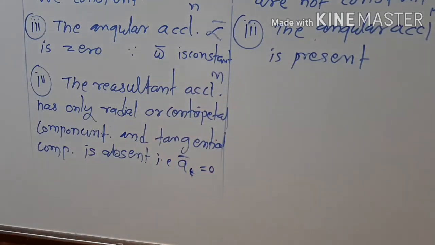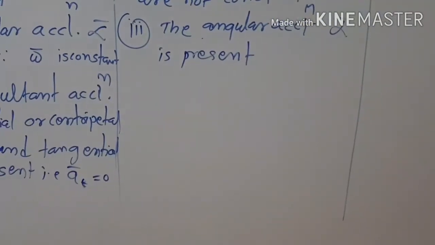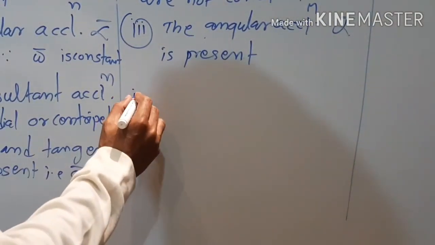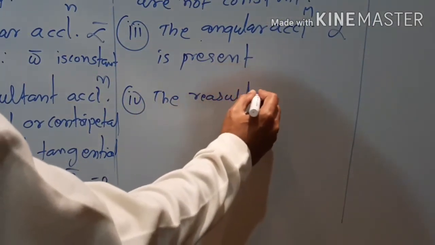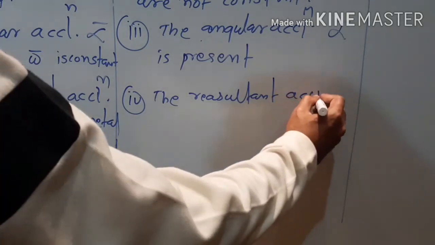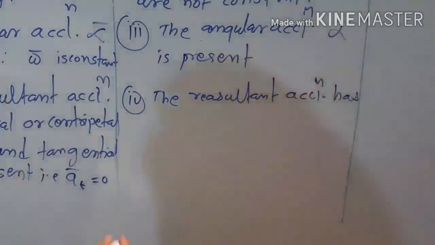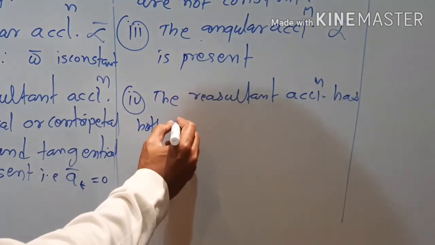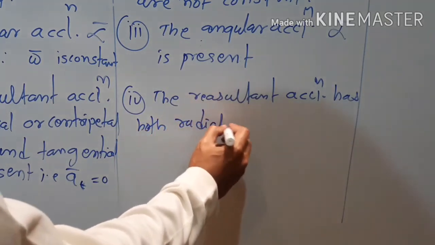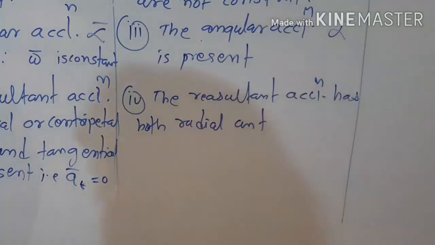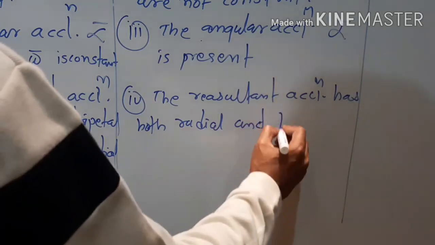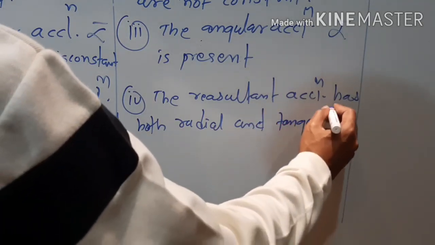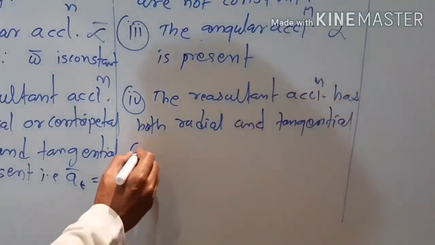This is the fourth point. Write down here, fourth point in non-UCM: the resultant acceleration has both radial and tangential components.